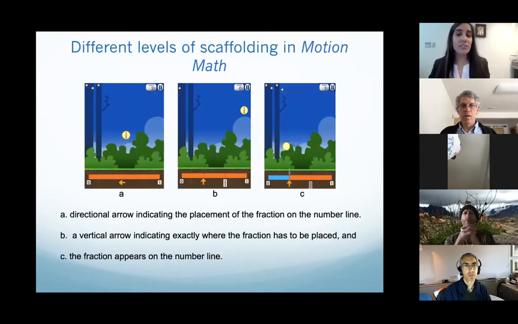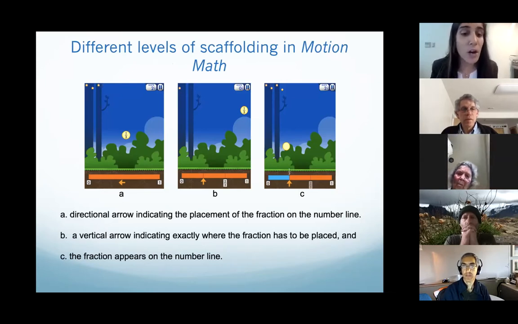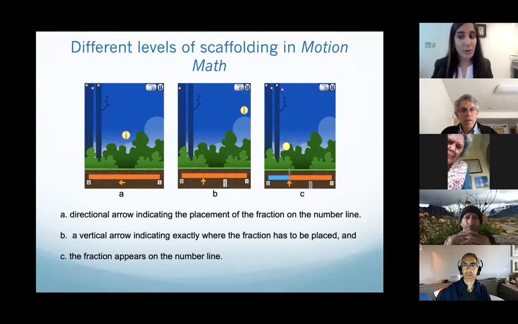So this is an example of how the Motion Math game looked. The people put in this group were given a fraction to place on the number line. If they got it wrong, the game would draw an arrow to point where they thought the fraction should be placed. If they got it wrong again, the number line was partitioned into equal parts of the denominator.